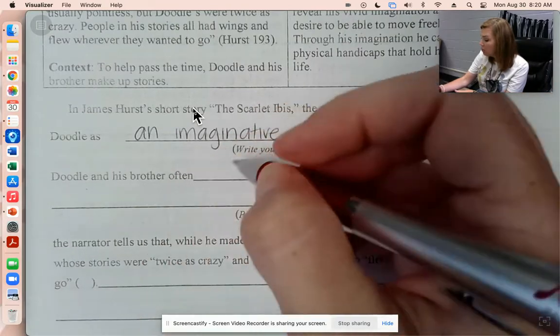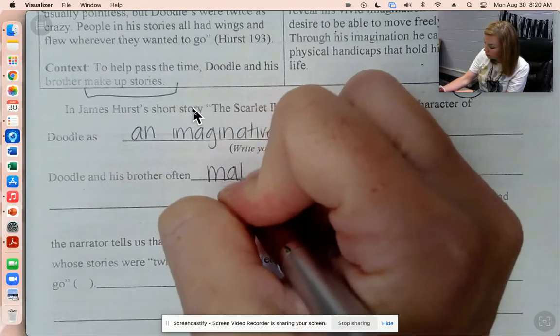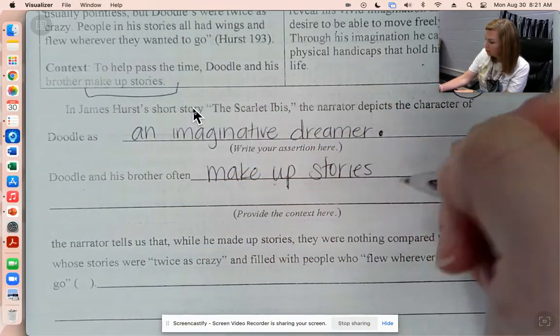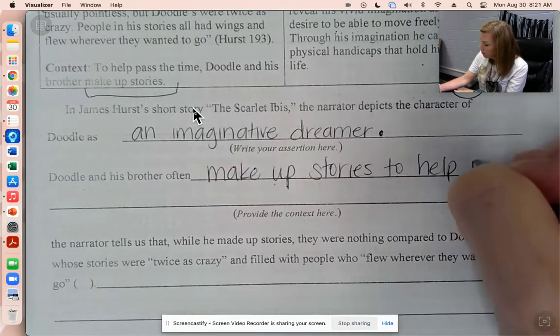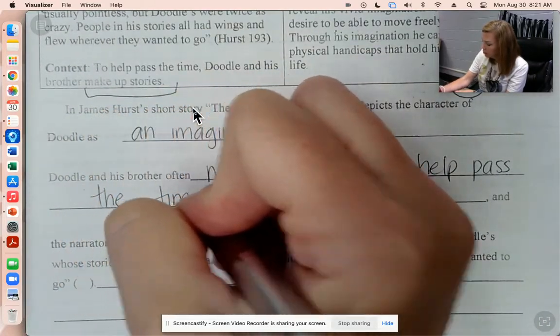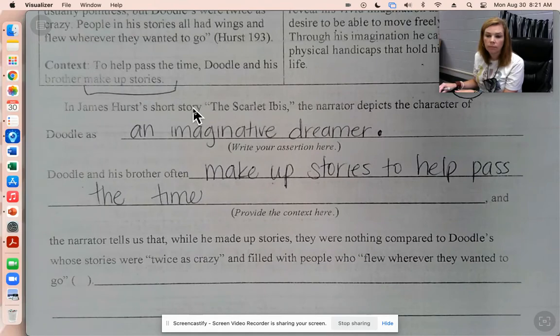Okay, Doodle and his brother often make up stories to help pass the time. And we're going to keep going.